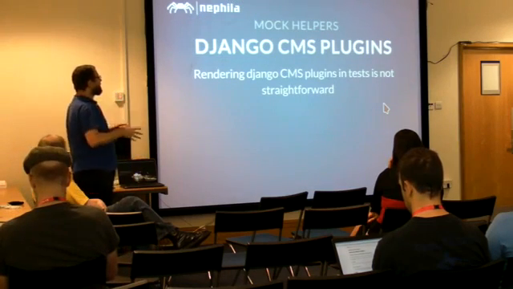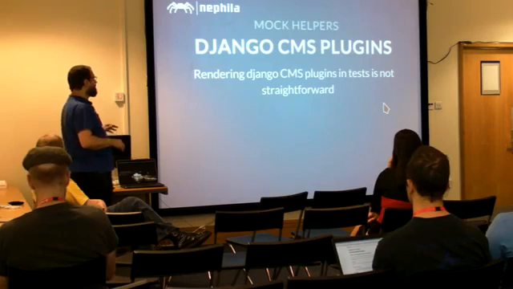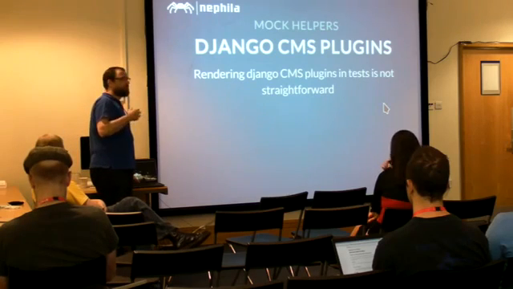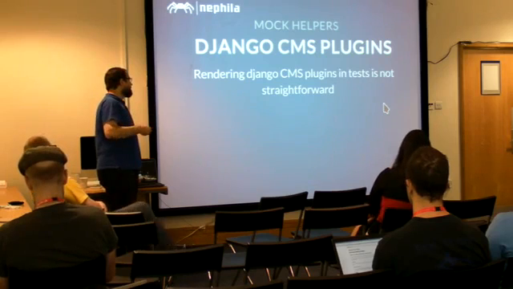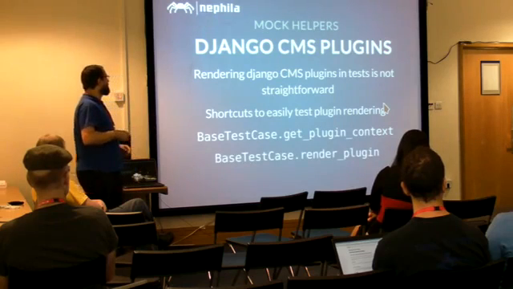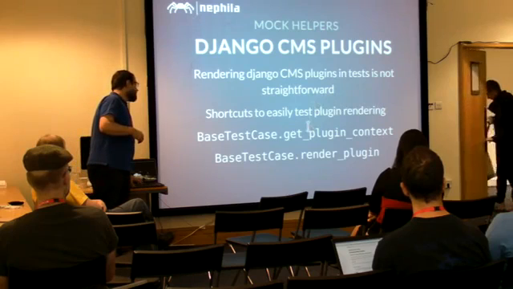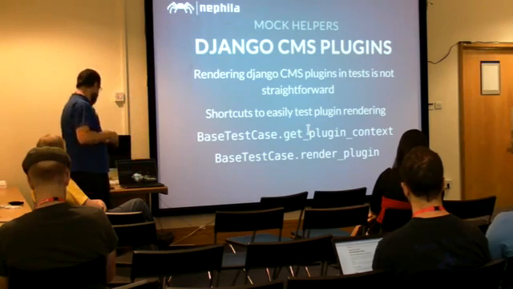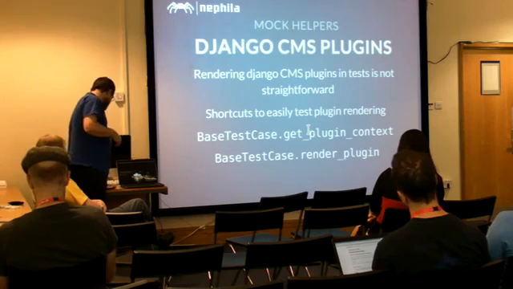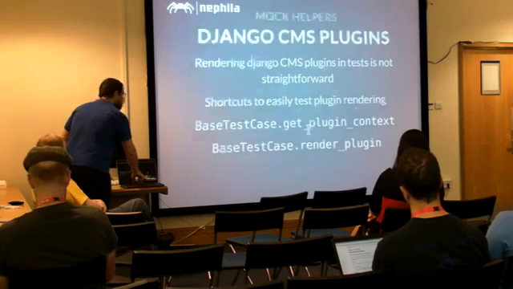And then the other complex thing you may have to do in your tests is rendering CMS plugins properly, because the CMS plugins rely on a proper context to be rendered. And so I wrote a couple of shortcuts to render plugins. One is a lower level method, get plugin context, which creates the context for rendering a plugin, and one is just rendering the plugin.